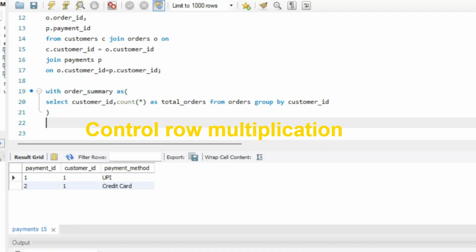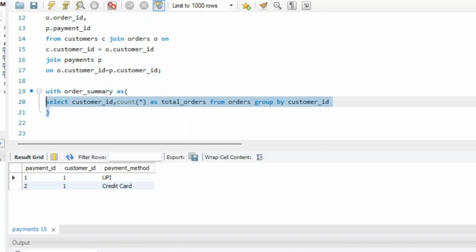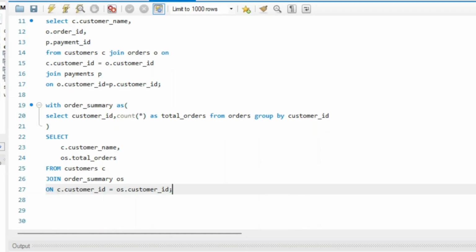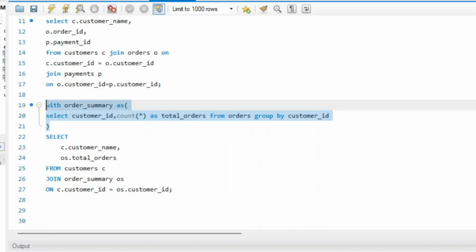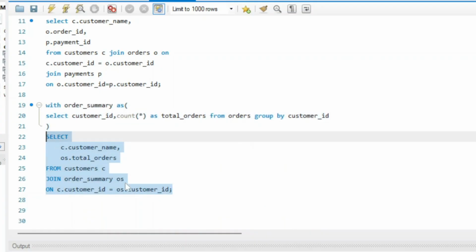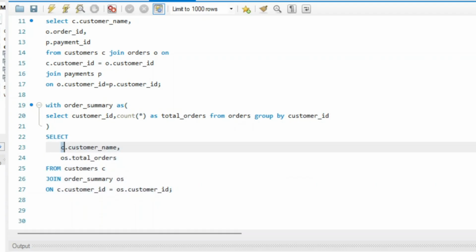We have defined the common table expression with the name order_summary that groups by the customers with the total orders. In order to use this CTE, we are using this query where I'm simply fetching these two columns, customer name and total orders. It is coming from order_summary, and I'm joining the customers table with the common table expression order_summary.